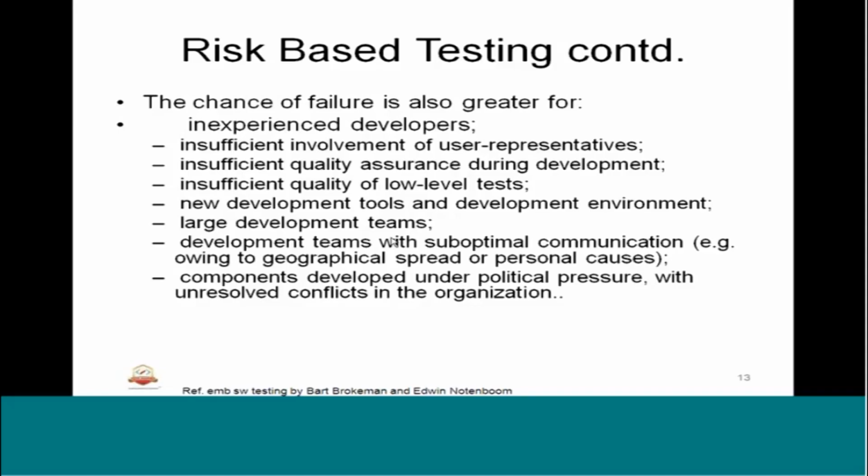As long as that is there, the chances of failures are more, due to which there could be slack in some of the communication or convincing the facts. So there will be some hidden issues or errors that the system can have. Components developed under political pressure with unresolved conflicts in the organization or shuffling in the team also could be a factor of risk.